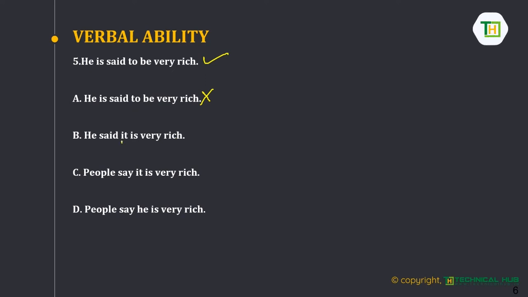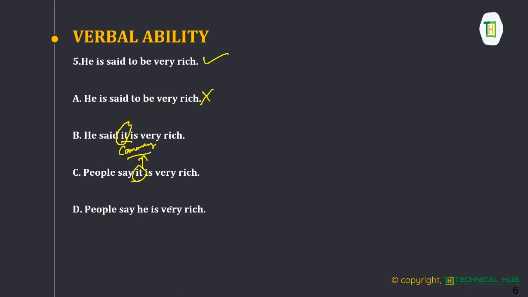Okay, people say it is very rich. 'People say it is very rich' again mentions something, some company or some other thing. Okay, people say he is very rich.